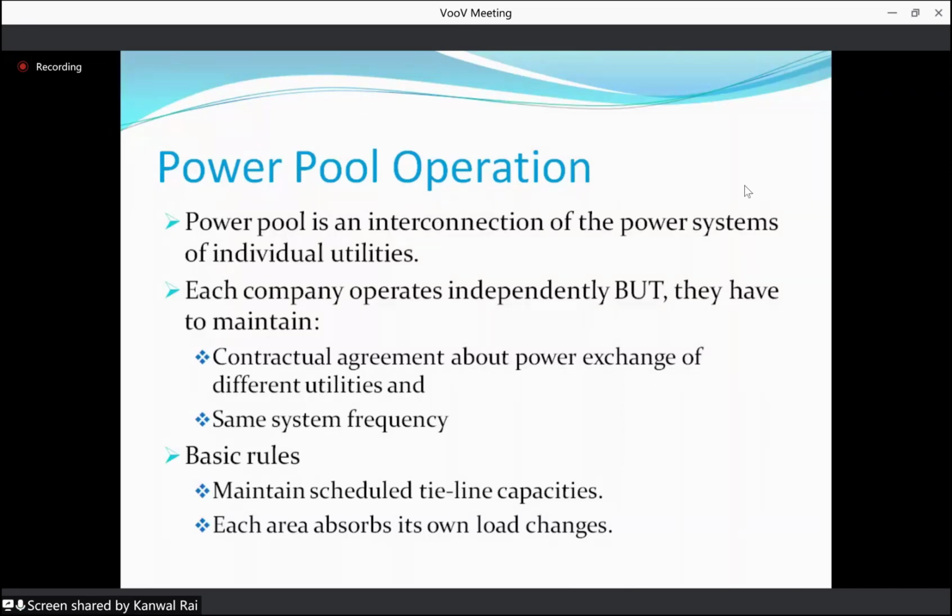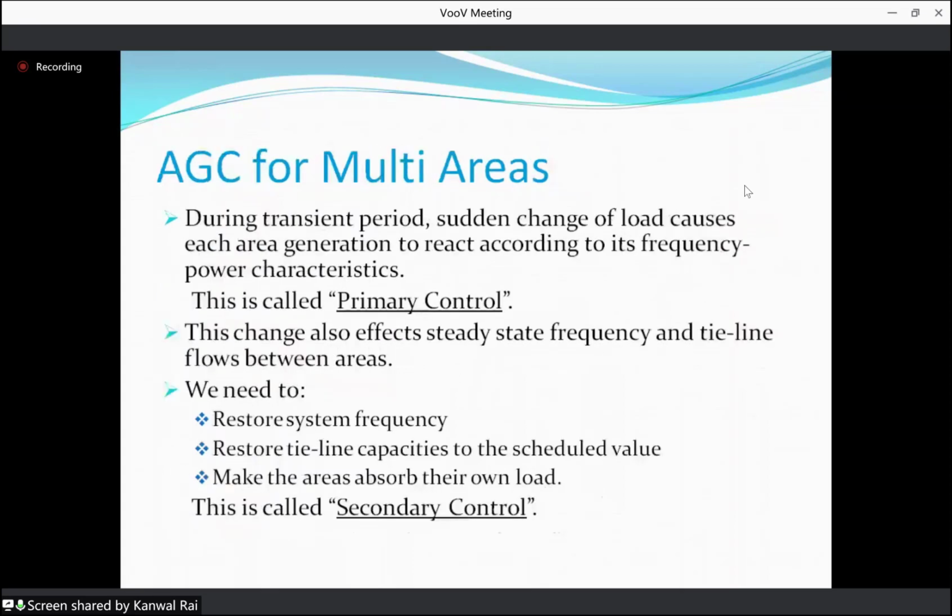Now come to AGC for multi-areas. During the transient period, a sudden change of load causes each area's generation to react according to its frequency characteristics. This is called primary control.